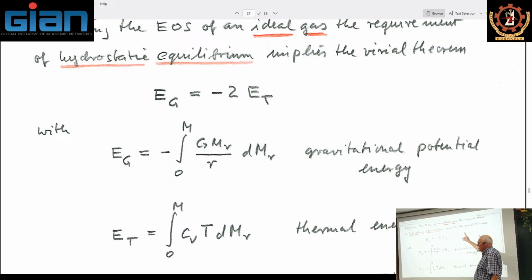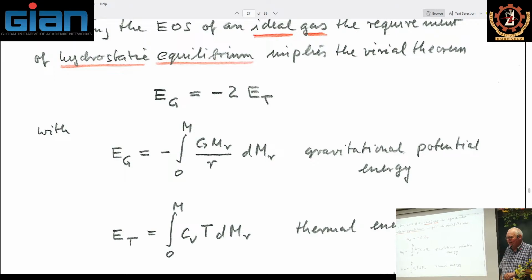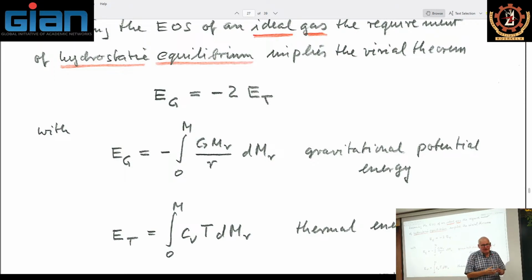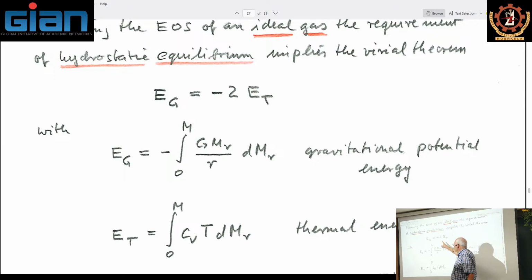The second point is we have assumed the equation of state of an ideal gas, and actually the ideal gas is responsible for the factor 2 here. If we take another equation of state, we will end up with another factor. In general, if you derive the virial theorem, you will get a similar relation, but the factor in front of the thermal energy will not be the same.